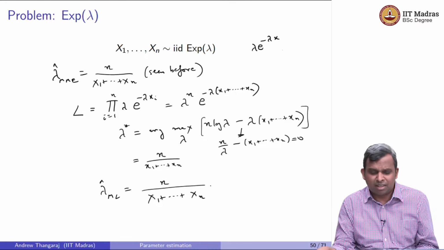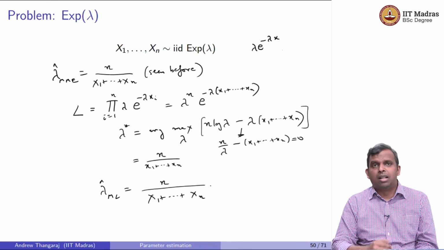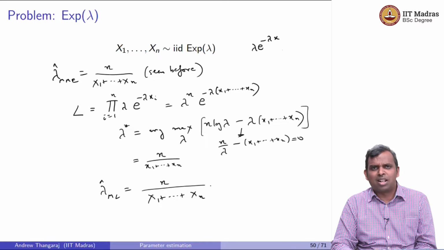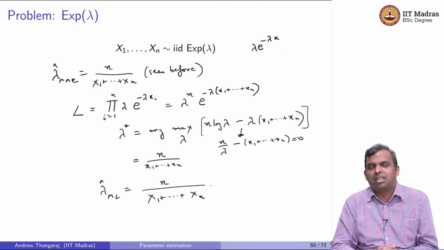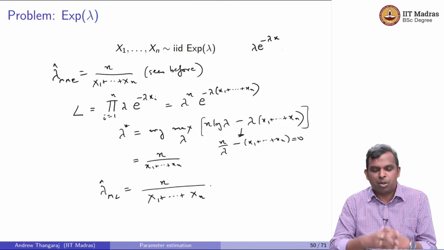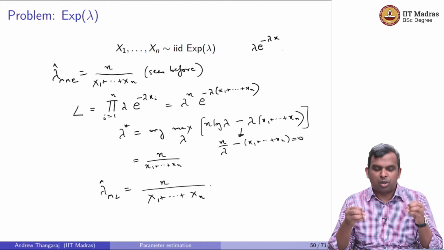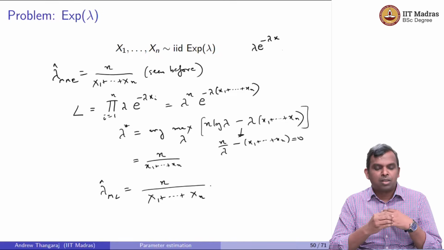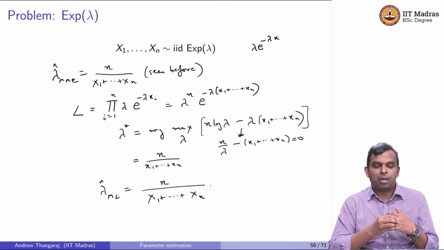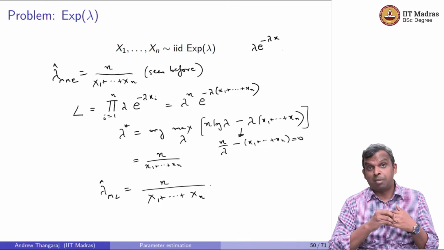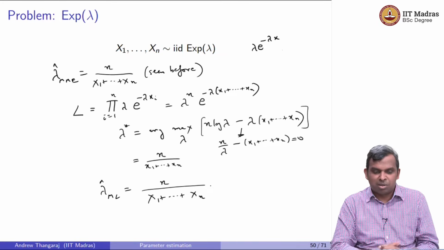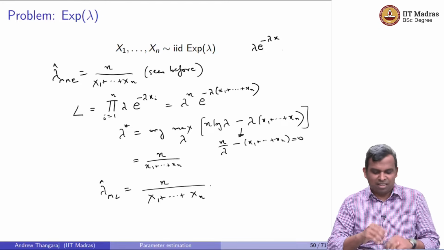Simple recipe, isn't it? The distribution is very simply described as lambda e power minus lambda x. You plug it in, do the same calculation, and you get the answer. So here again both the method of moments estimator and the ML estimator agree. That seems like a nice result to have. This is an easy enough distribution.